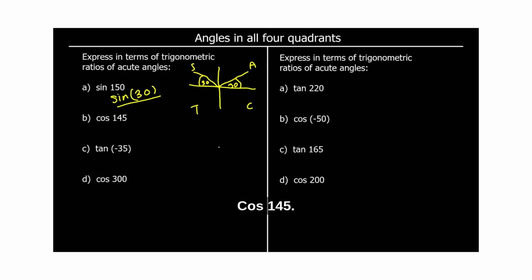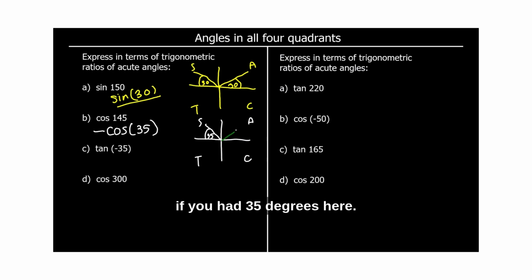Cos 145. So 145 is over here between 90 and 180. The acute angle is 35. And cos is negative here. So it's the same as negative cos 35.